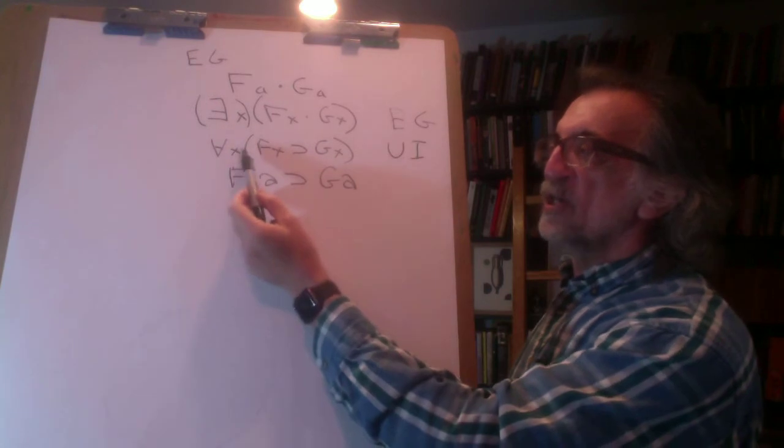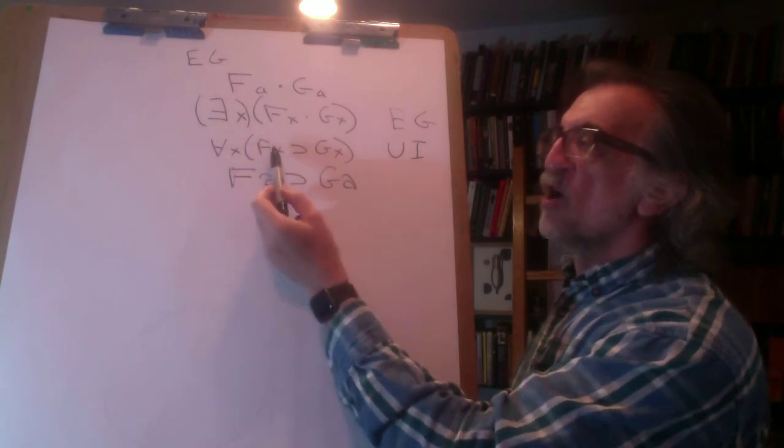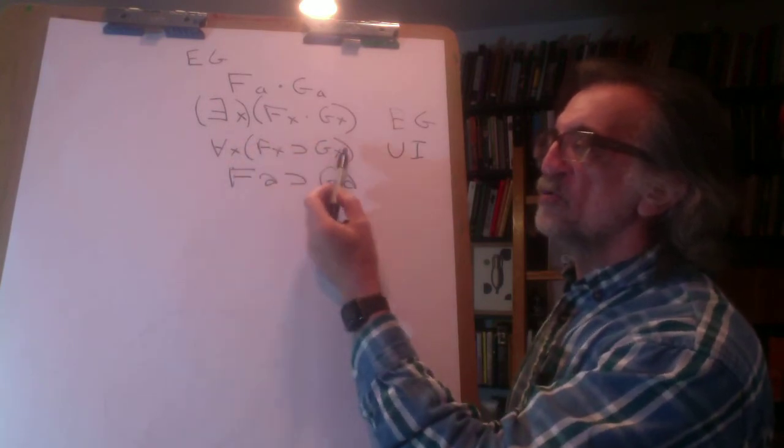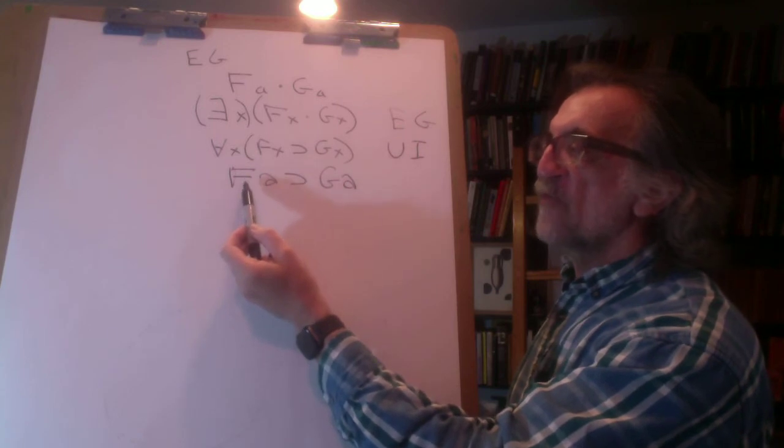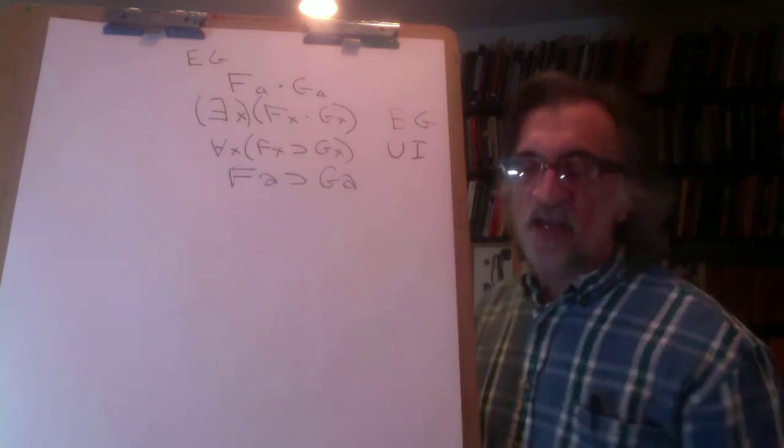Universal instantiation means going from for all x, F of x horseshoe G of x, to F of a horseshoe G of a.